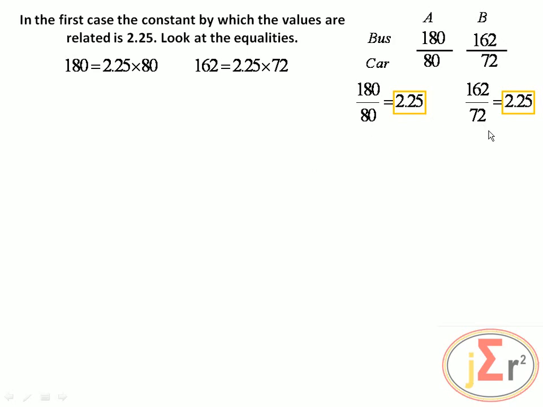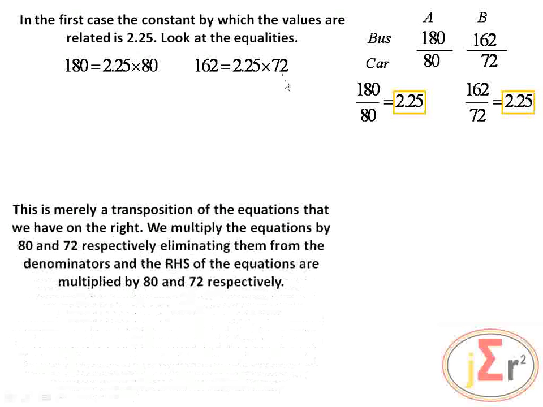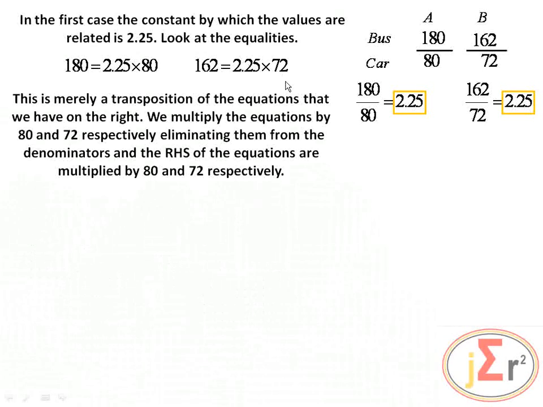Eliminate this 72 from the left hand side by multiplying by 72, and we have 162 is equal to 2.25 times 72. This is merely a transposition of the equations that we have on the right.